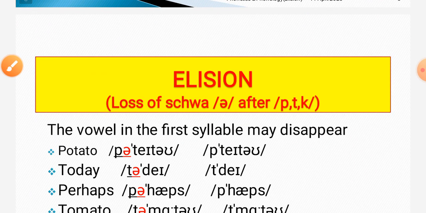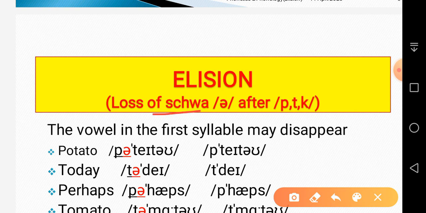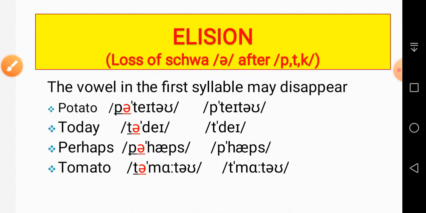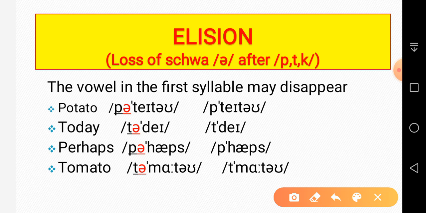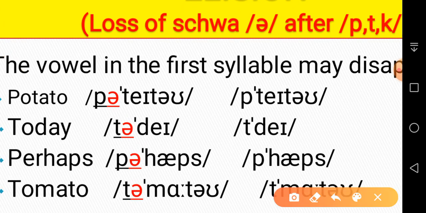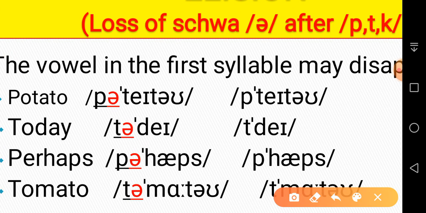Now elision, loss of schwa after these three sounds, p, t, k. Okay, let's see the examples. The vowel in the first syllable may disappear. So here is a word, as you can see in the transcription: potato.